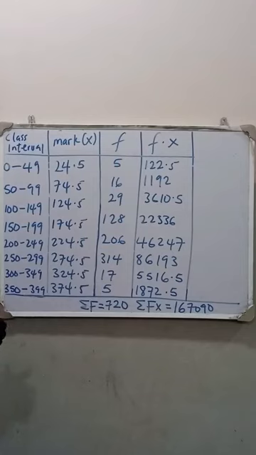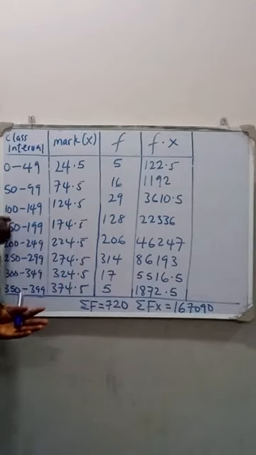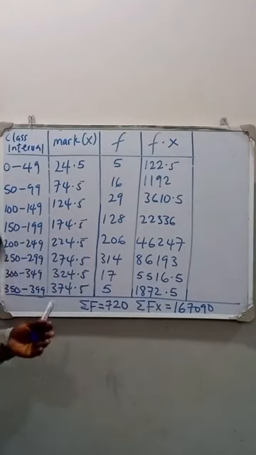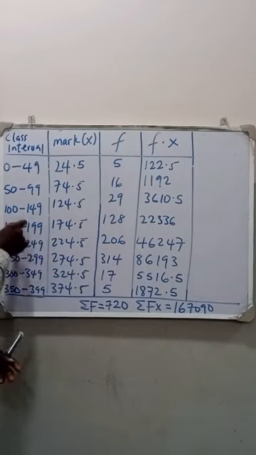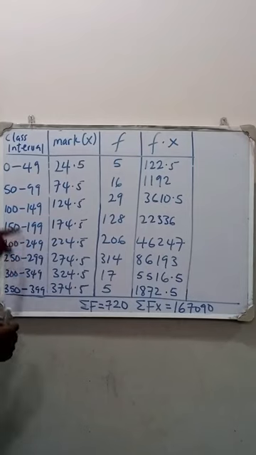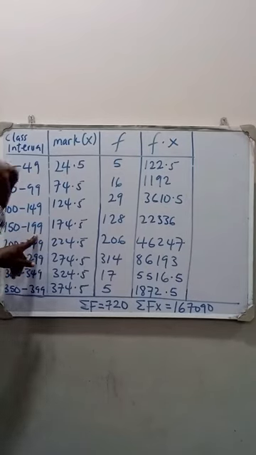Please, in your own calculation, don't make the mistake of punching them directly. Don't punch it into your calculator directly, as in don't say 100 plus 149 divided by 2. You are not going to get the correct result. Simply follow this step. For instance, in order to get this, it should be 150 plus 199 equal to.